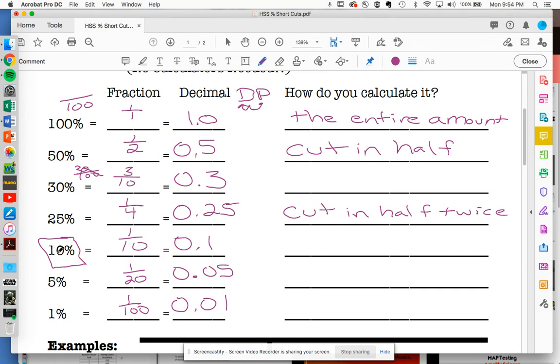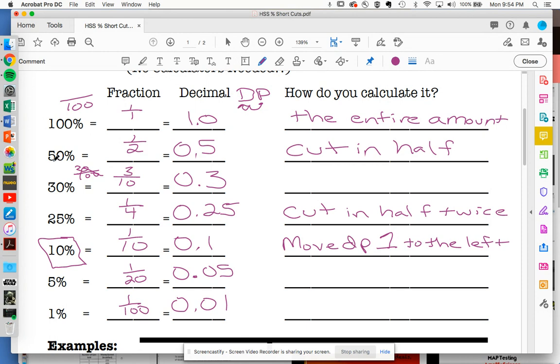And to find 10% of a number is really easy. All you do is you move your decimal point 1 to the left. Okay? If I wanted to find 10% of, say, $100, I move my decimal point 1 to the left. That's $10. Let's say I had $50. What's 10% of $50?